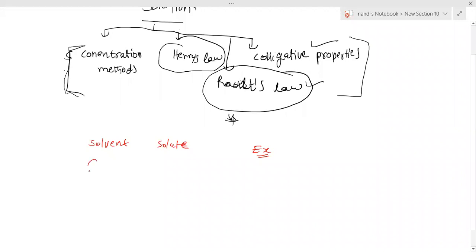Suppose gas is the solvent, then take 3 possibilities here: gas, liquid, solid. Examples you can find from the NCERT book. There is a table in that book, and from that you can find them.